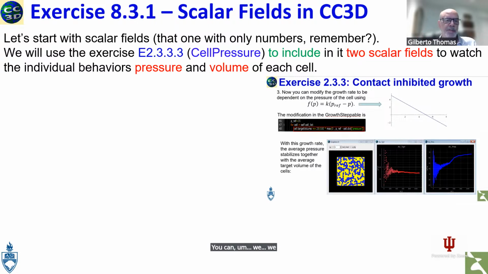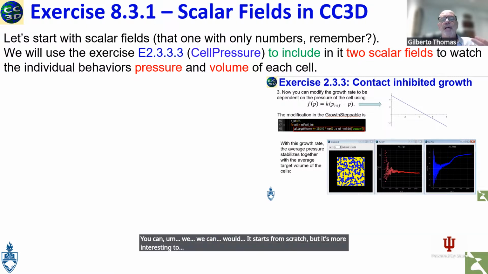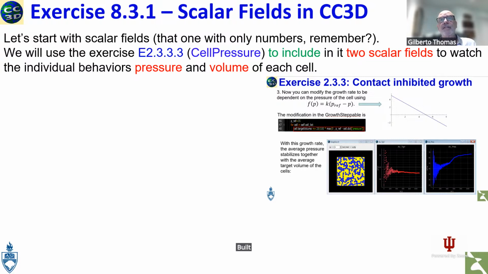We could start from scratch, but it's more interesting to start with a built exercise that contains a field. We didn't mention field at that time, but now we can describe it as a field.